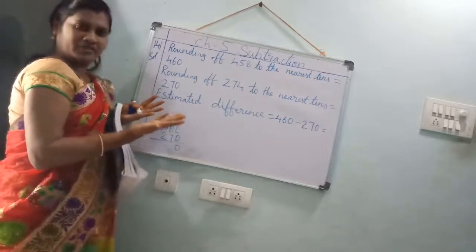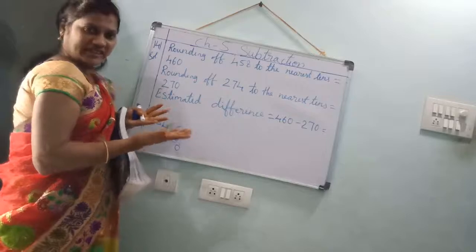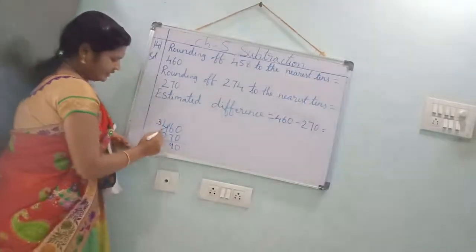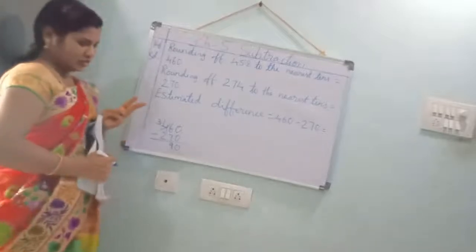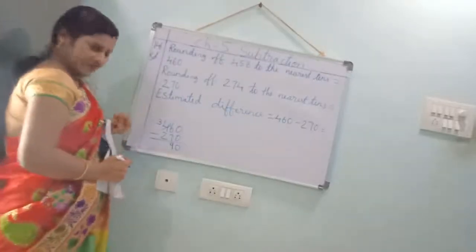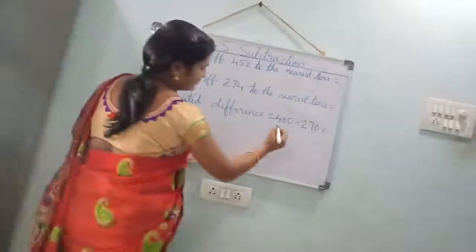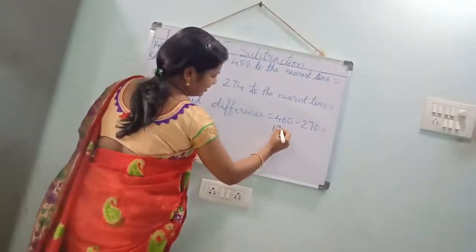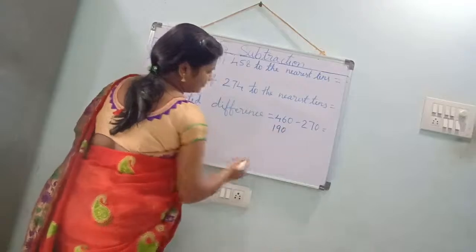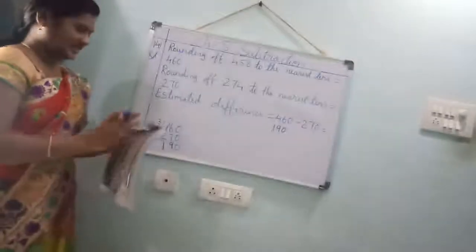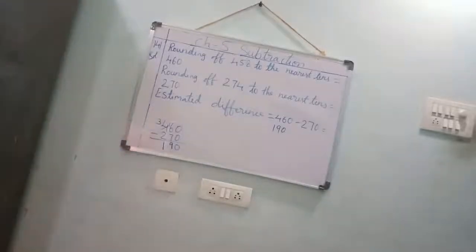Tell me, how many fingers came? 9 fingers. Yes, that 9 you should write here. Here, 3 minus 2. 3 fingers open, 2 cut. Remaining 1. That 1 you should write here. What is that answer? 190. Understood, children? 190 is the answer. Copy in the workbook, ma.